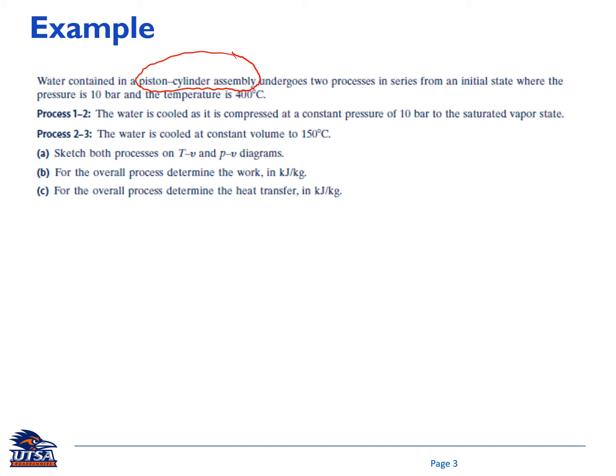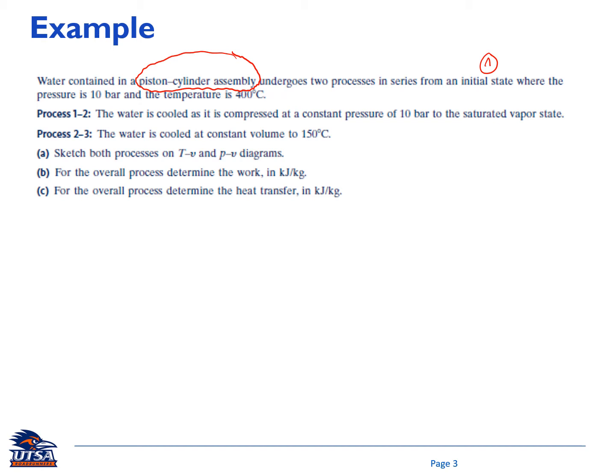A piston cylinder assembly undergoes two processes in series from an initial state where pressure is 10 bar and temperature is 400 degrees C. Okay, so state 1 is given here. As the initial state, state 1 is 10 bar, 400 degrees C.